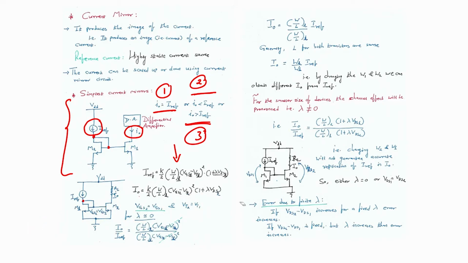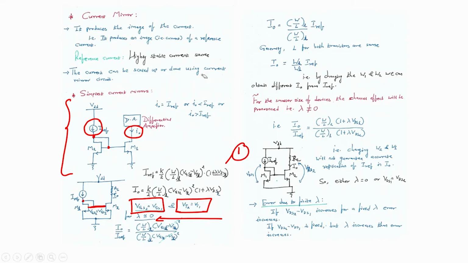Let us consider the first condition, lambda equals 0. For lambda equals 0, if I divide equation number 2 by equation number 1, that means IO by I reference, I will have IO equals W by L of 2 divided by W by L of 1 into I reference.